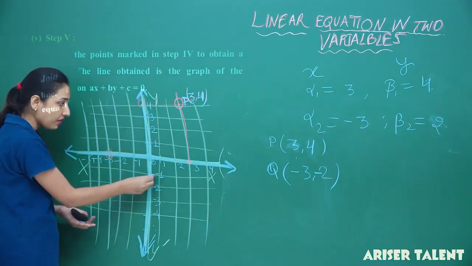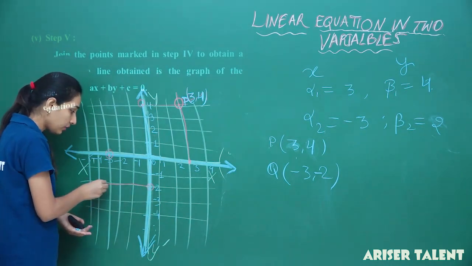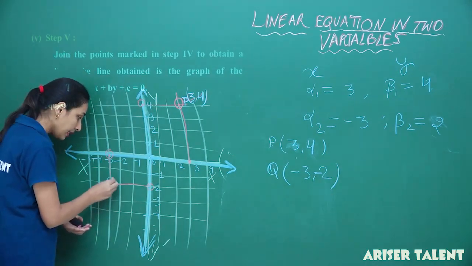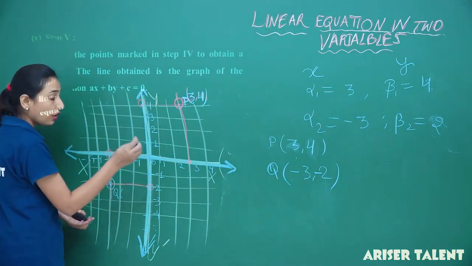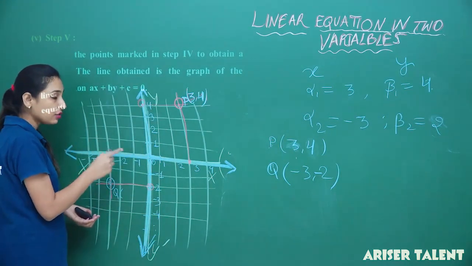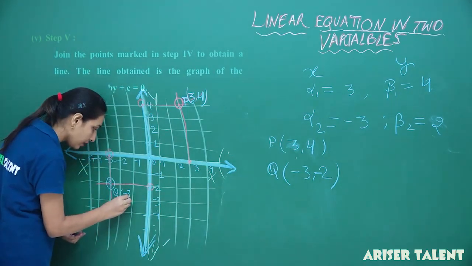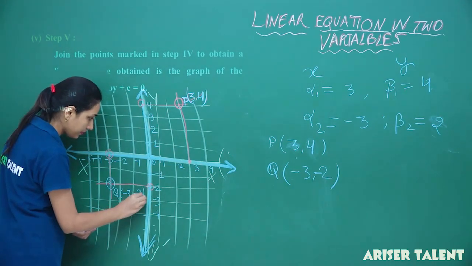In the y-axis, I am having 1 and 2. Here, -2. Okay. So, I can draw these two lines and the intersection is here. That will be Q and the coordinates will be, we will always write the x value, that means the alpha value, first. So the alpha value is -3 and the beta value is -2.